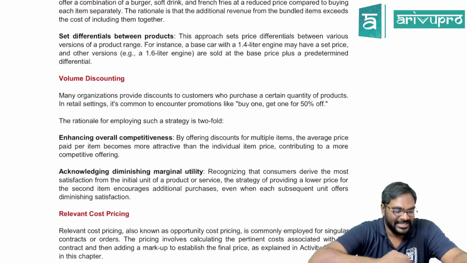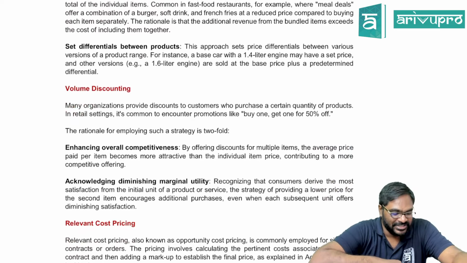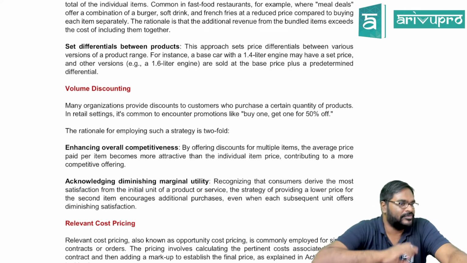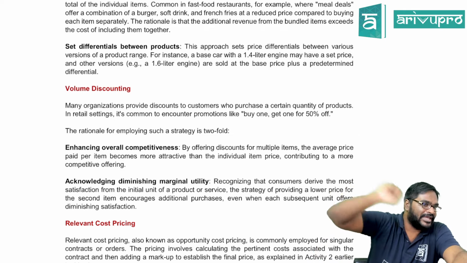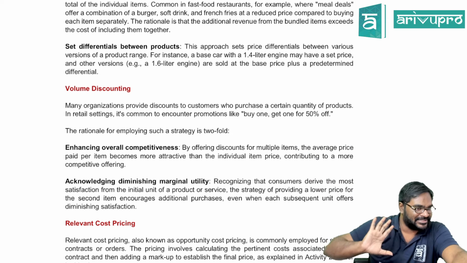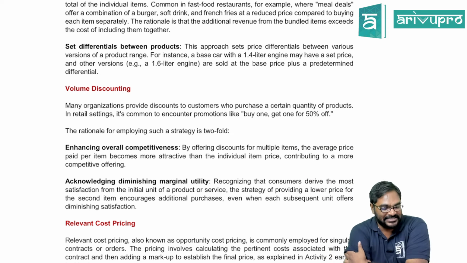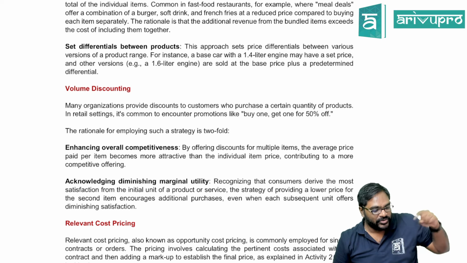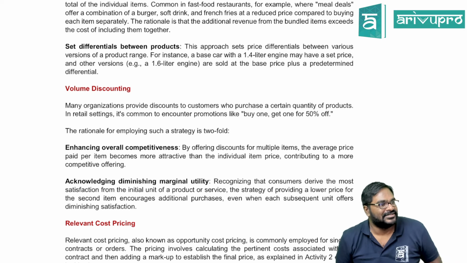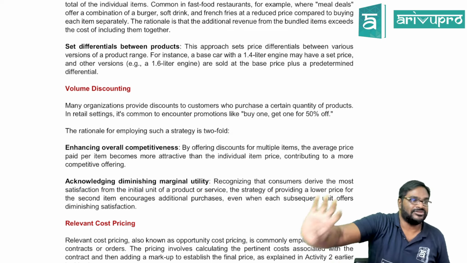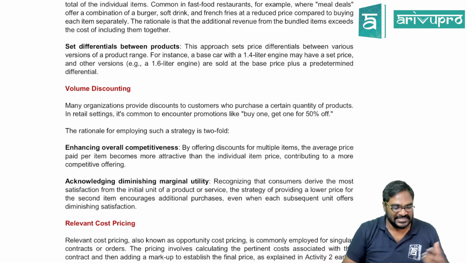Next one is volume discounting. So this is where if you go for a higher volume, if you purchase more than this amount, we are giving an X amount of discount. That is also common in the market, right? Volume discount is usually given to encourage more volume at a lower price.